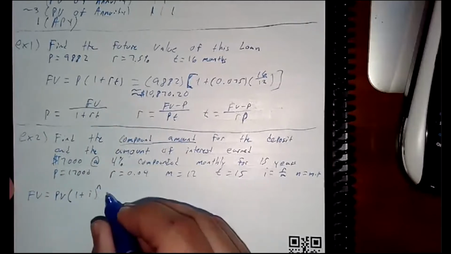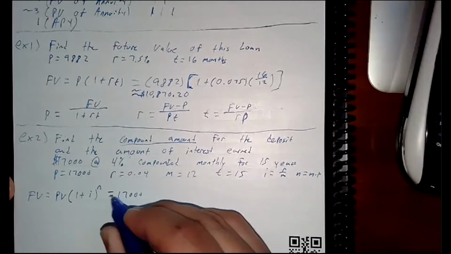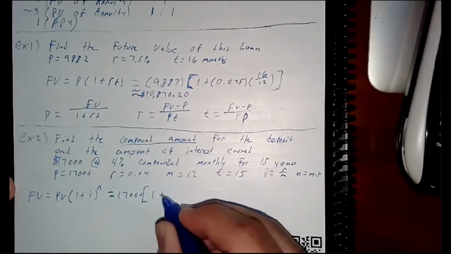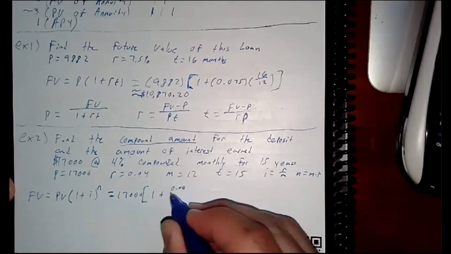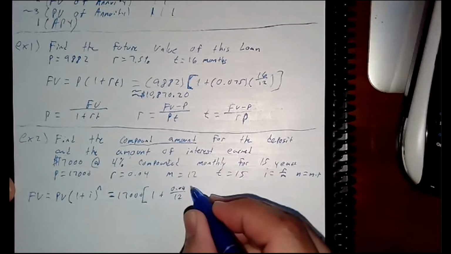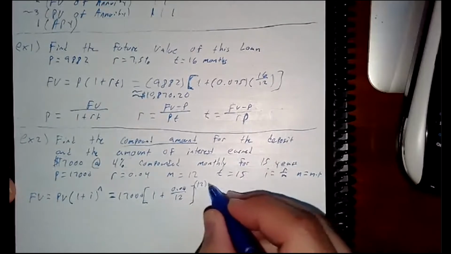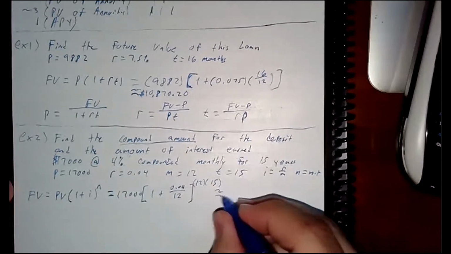So here we go. So that'll be 17,000 times 1 plus I, which is R over M, 0.04 over 12. N is MT, so that'll be 12 times 15. So that is approximately something.